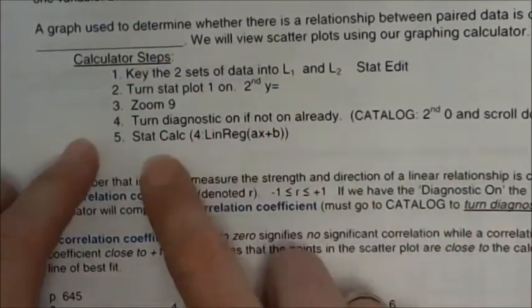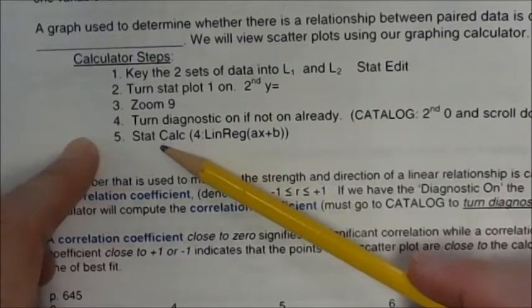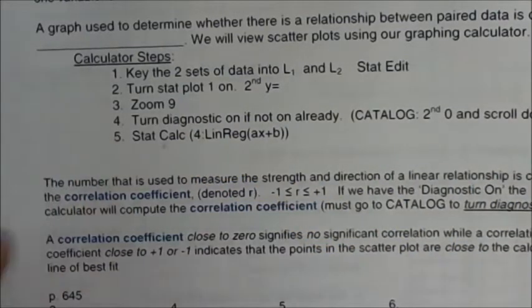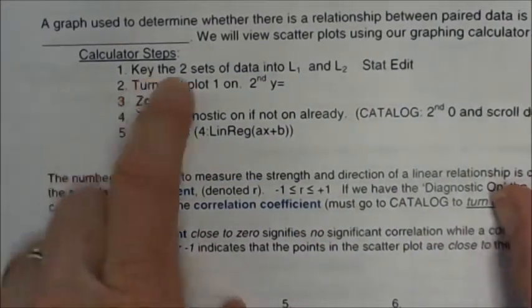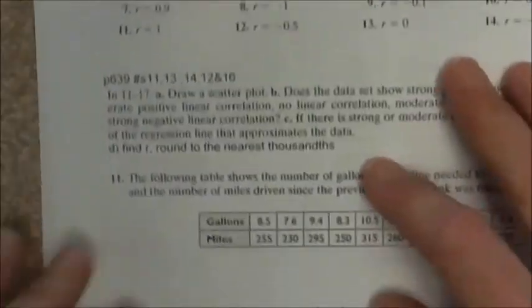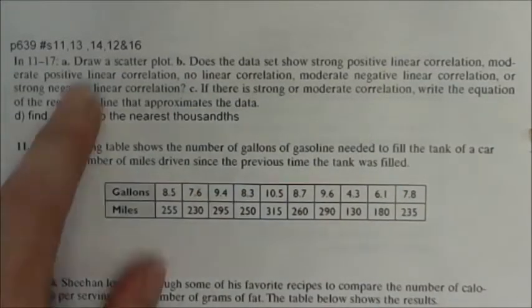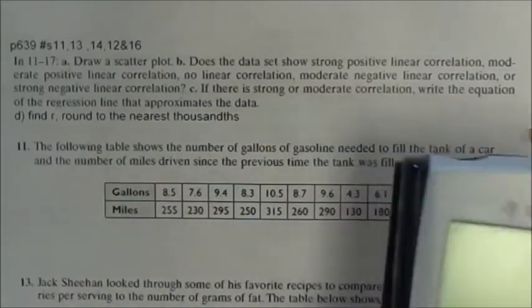This is the calculator steps. And I went over these quickly, but we actually didn't go through them on our calculator, so that's what I'm going to do now. So the first step is to key the two sets of data into L1 and L2 using StatEdit. So here we go with worksheet number 11, or if you have page 639 in your textbook.